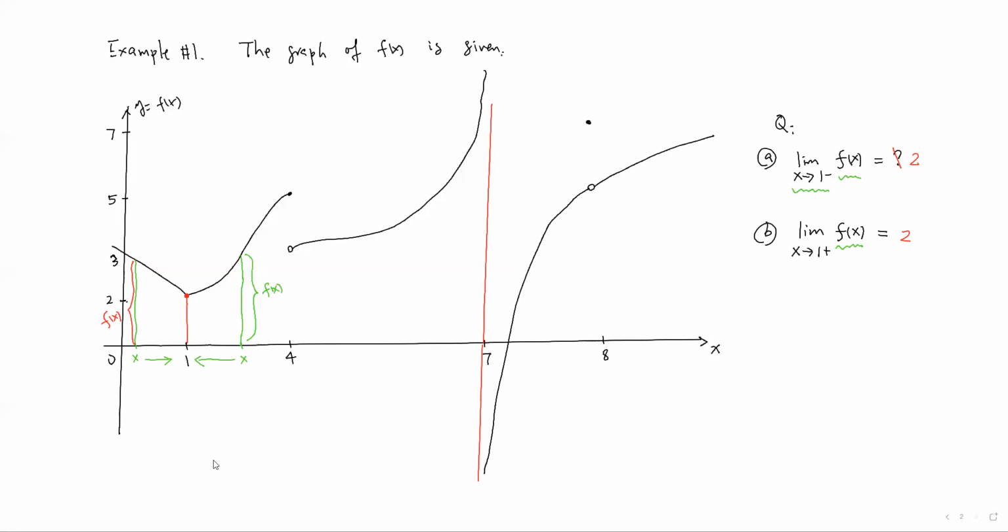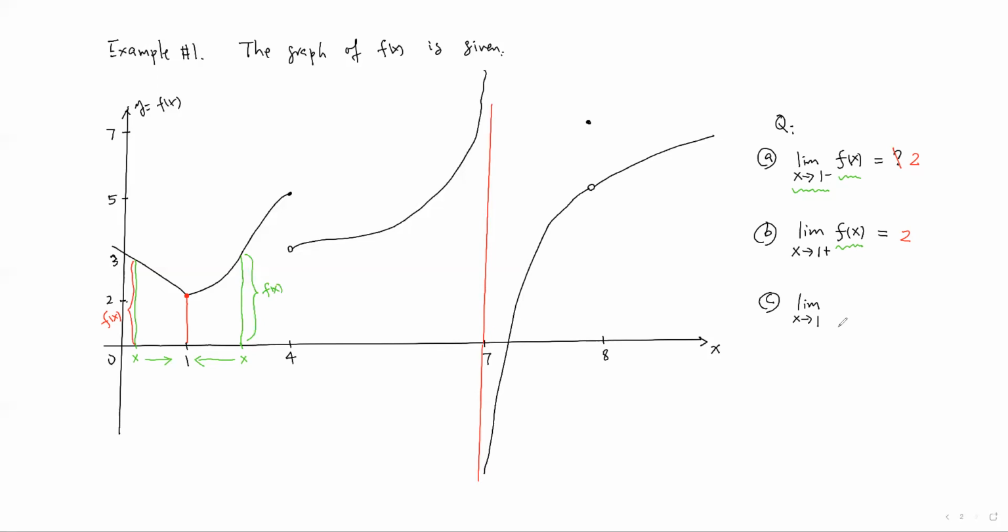Now, the third question. C. What is the limit as x approaches 1? This time, x approaches 1 can be from the left side, can be from the right side.